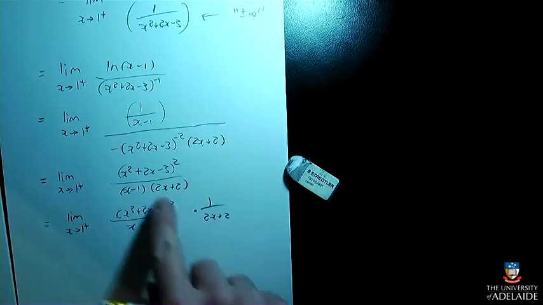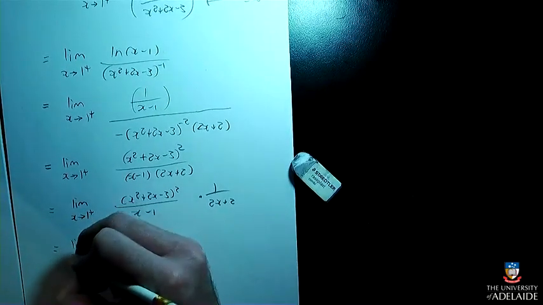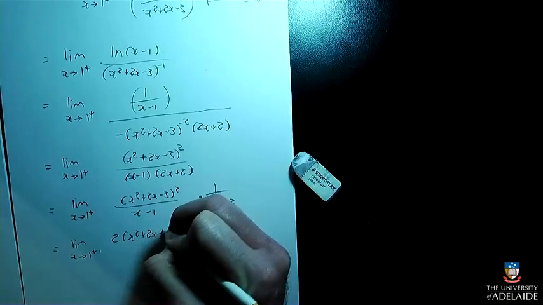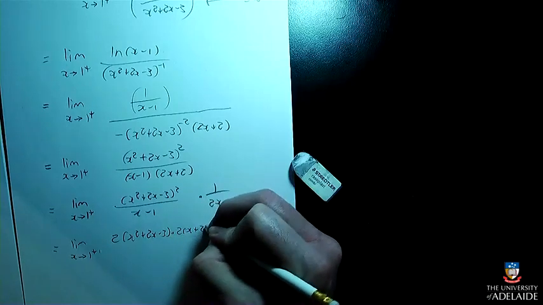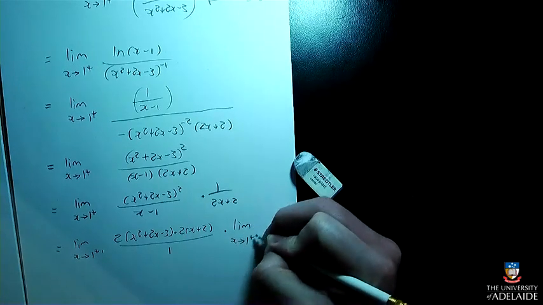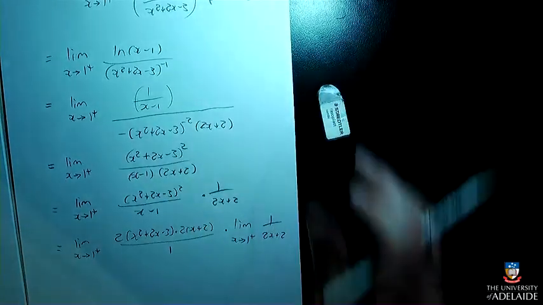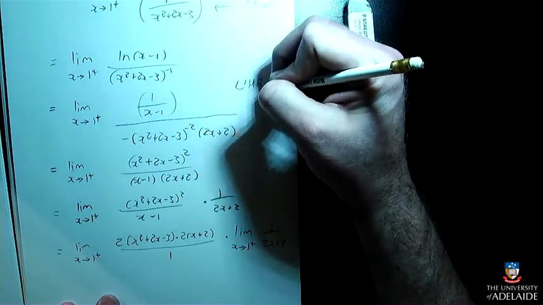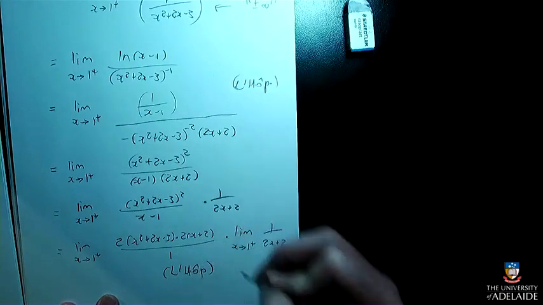And I'm just going to figure out this bit. So I did the derivative, so this was L'Hopital's rule here, that I did here. And this one was done with L'Hopital's rule as well, just there.